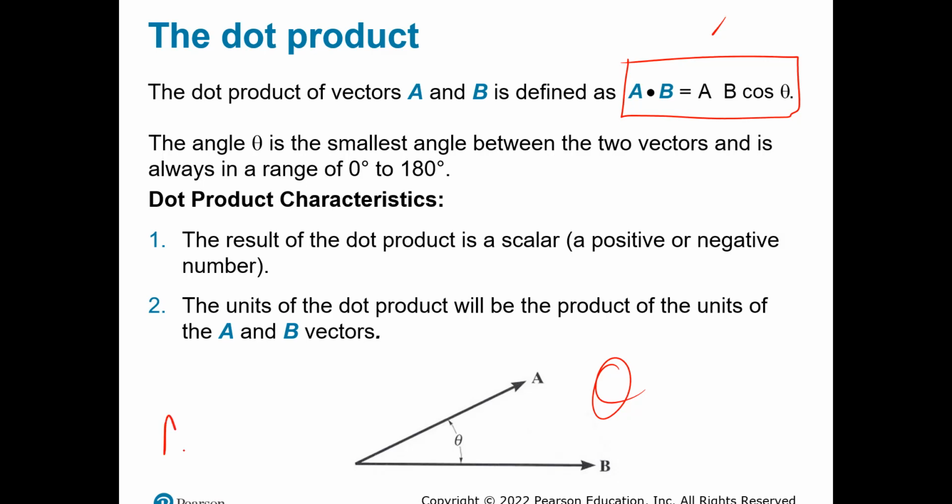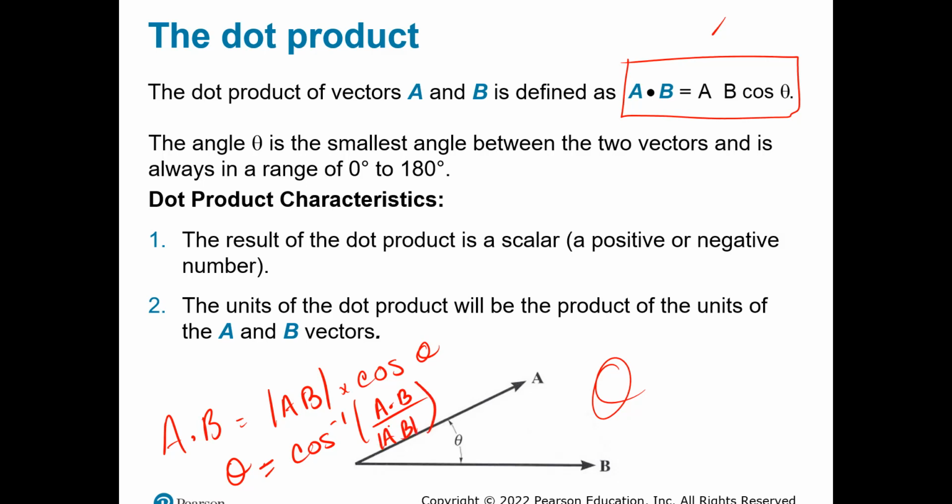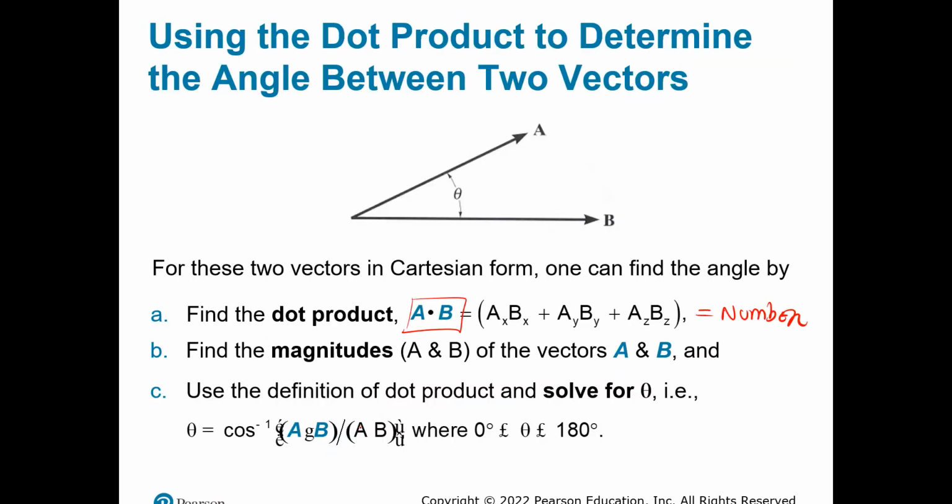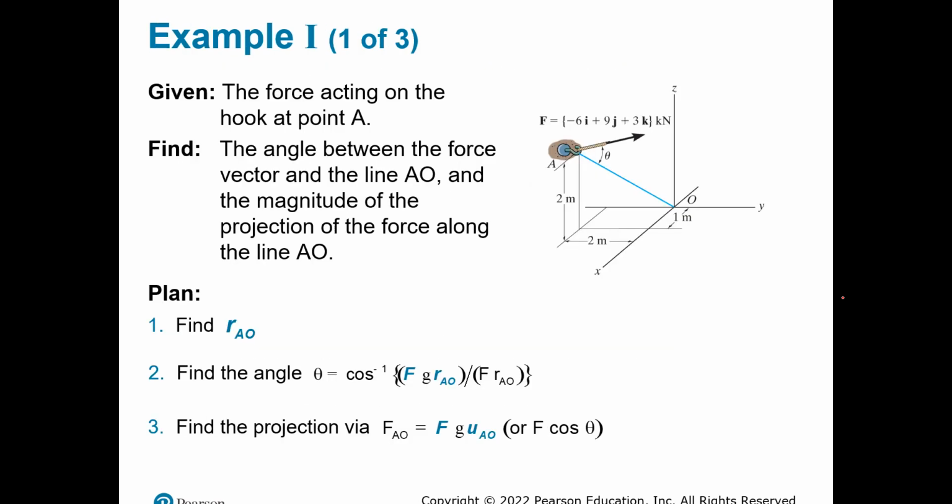If you solve for theta, that's equal to inverse cosine of A dot B, the product, over the magnitude of A times the magnitude of B. And A dot B will be the multiplication of each one of the components, and you get the number. That is simple. Moving along, we're going to go with an example, as always.